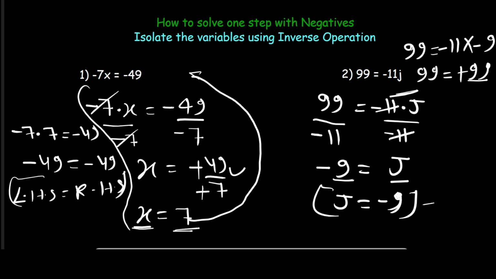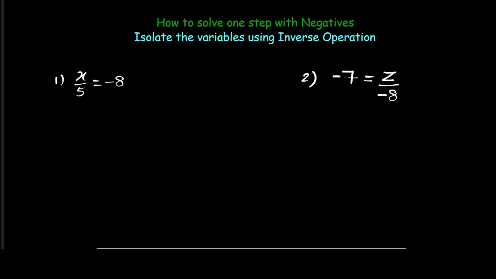So 99 equals 99. It shows that our answer, which is j equals minus 9, is correct. That's how we solve a one-step multiplication equation with negatives.